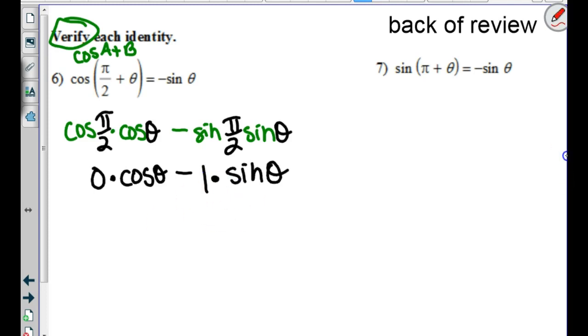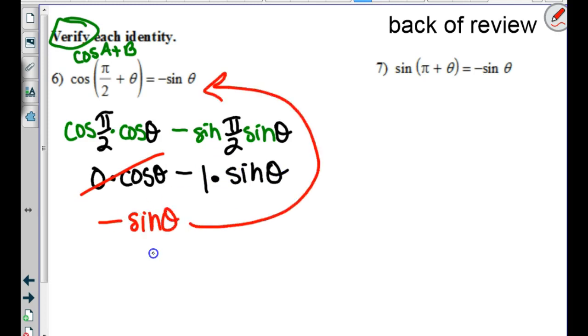So make sure you show that step, that's why it comes out 0 over here. And then we have negative 1 times sine theta, which would just be negative sine theta, which matches up here. Okay, just don't skip steps because it's a show question, and that's why I left big long blanks for you to show that. We good on that one?